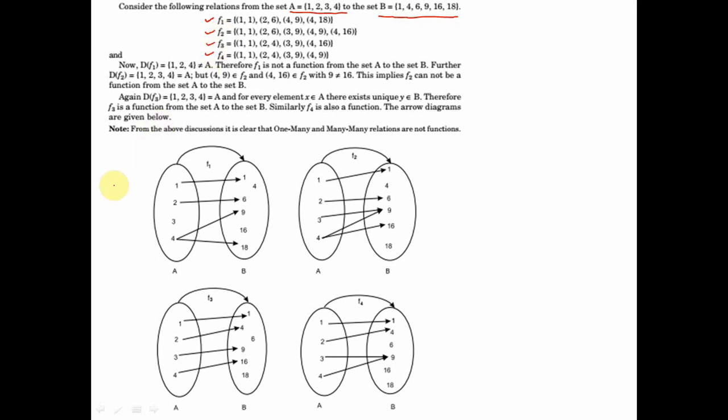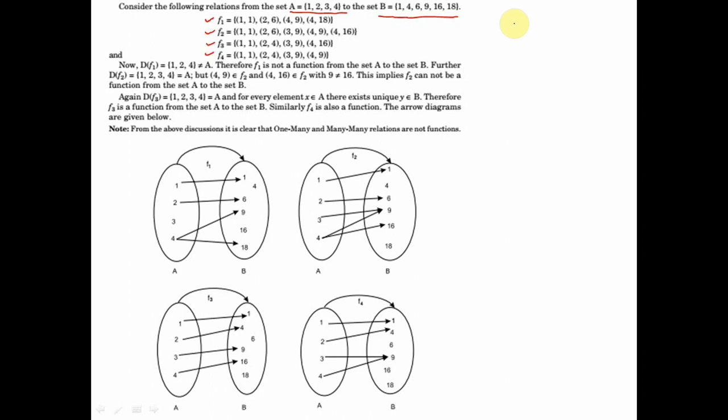Now what we'll do is, we will use the arrow diagram to identify which of them is a function and which of them is not. Let's begin. The first mapping says 1, 1; 2, 6; 4, 9 and 4, 18. So I have an arrow over here for each pair. Now, what were the two conditions?